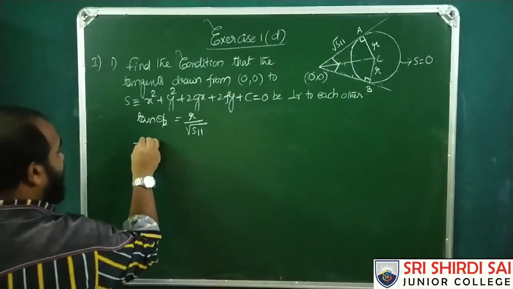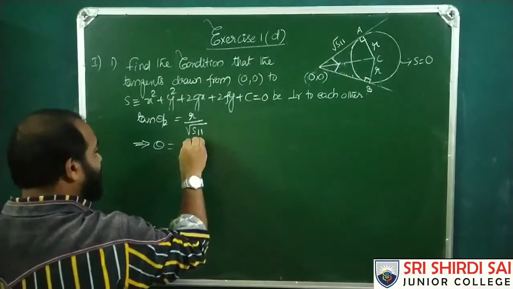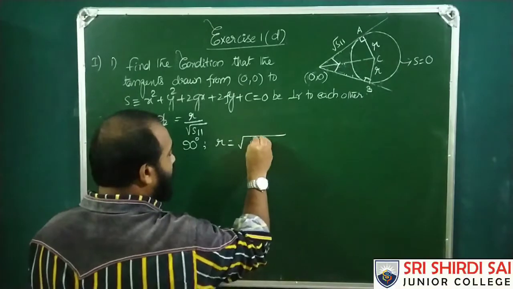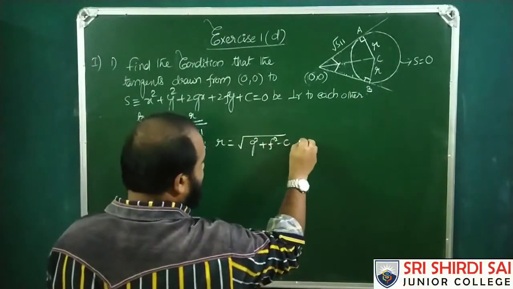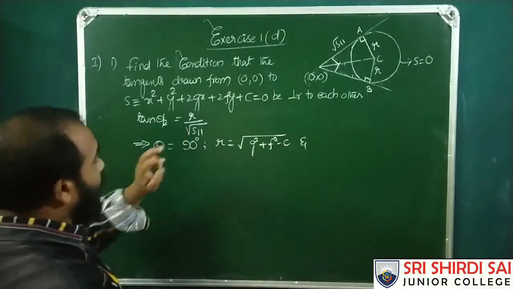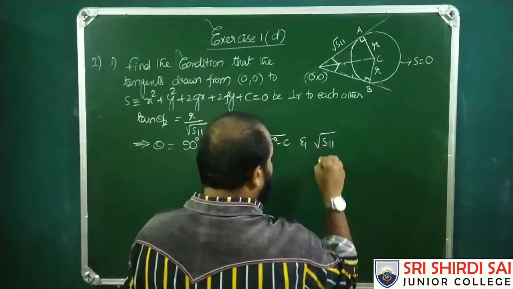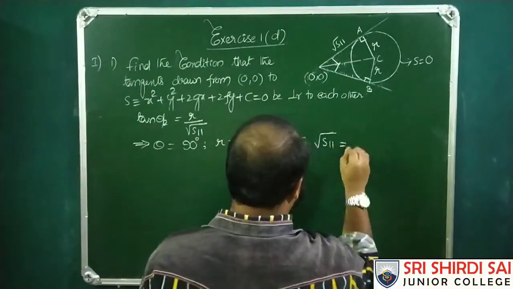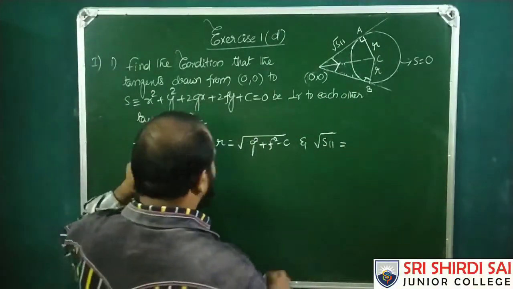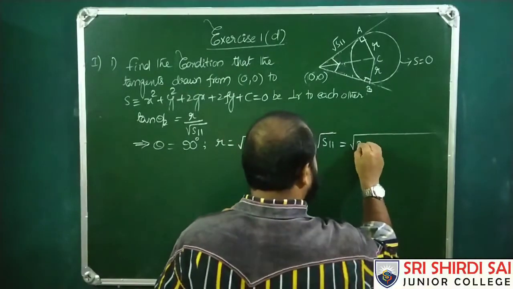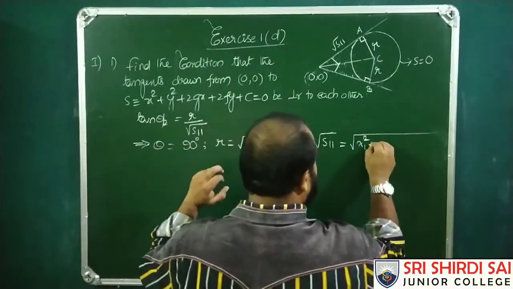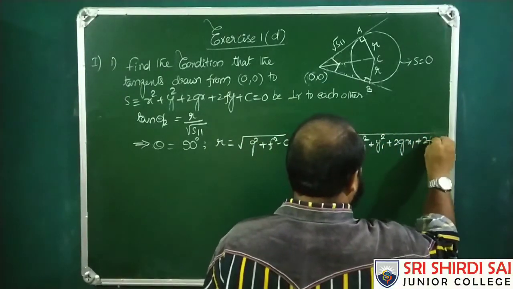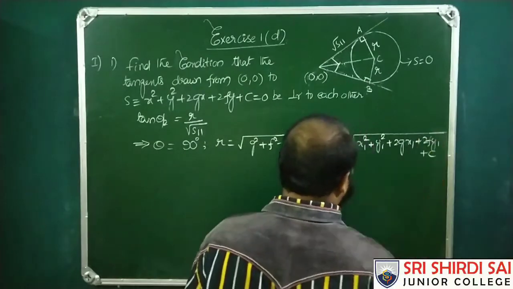Given that theta is 90 degrees, radius R is equal to square root of g square plus f square minus c, and root S11, the length of the tangent drawn from P(x1, y1) to the circle. Since this is the general equation of a circle, root S11 is the square root of x1 square plus y1 square plus 2g x1 plus 2f y1 plus c.